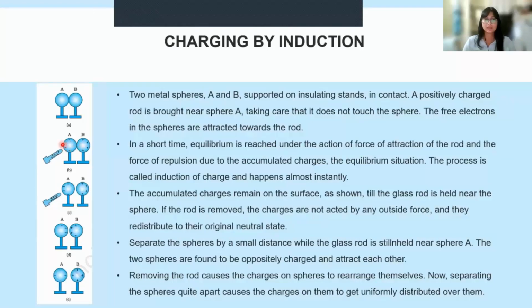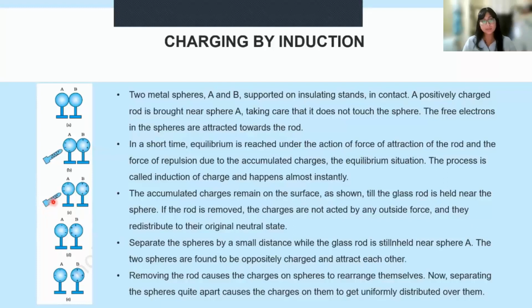Because the spheres are in contact, the charges redistribute themselves back to the neutral position. Now we will separate the spheres by a small distance. You can see they are no longer in contact with each other.